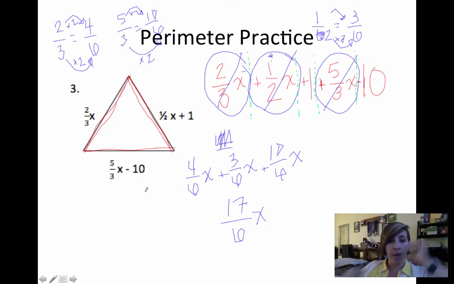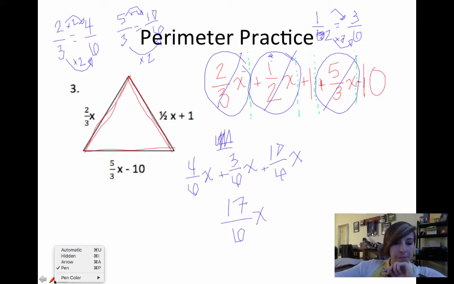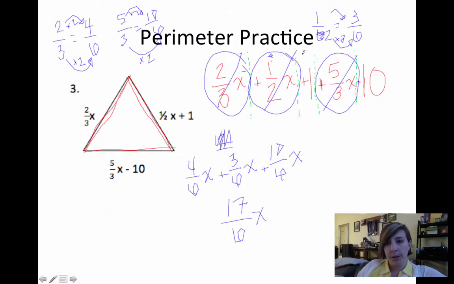And then my other terms that are left are my solo numbers. So I have a +1, and if you remember, this is a -10. So it's right here. It's -10. So I have 1 positive, I have 10 negatives. Couple different ways you can do that. You think about a number line, you can think about minuses and pluses.